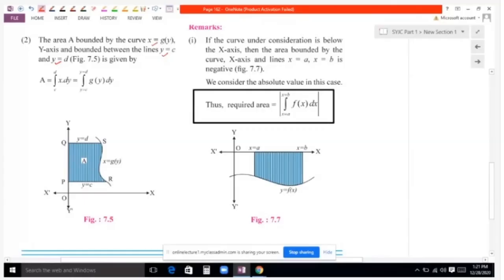Look at the diagram. This is the curve whose equation is x is equal to g of y. The equations of the lines are given as y is equal to c and y is equal to d.